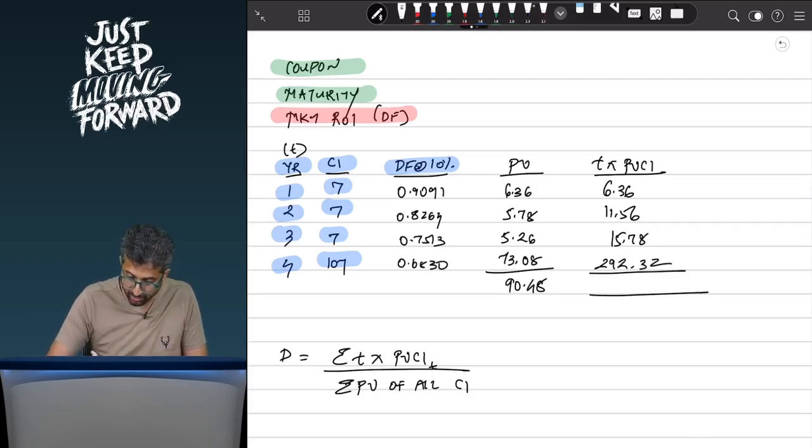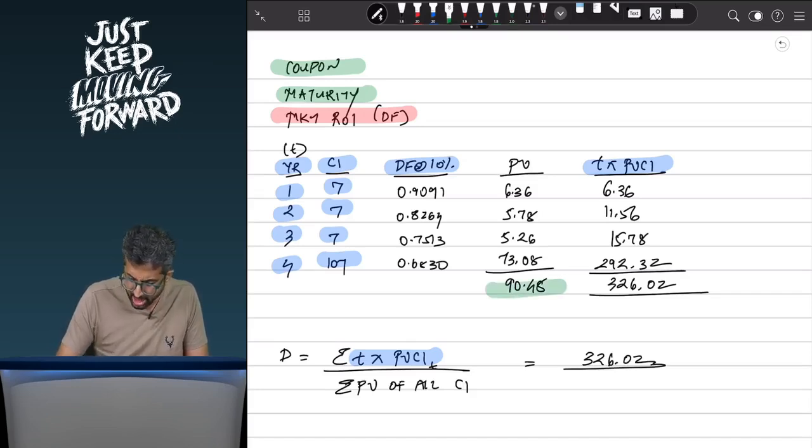If I total all of this, can I say what I've done is summation of T into PV of CI? All of this, summation T into PV of CI, comes to approximately 326.02. So in the numerator, I will say 326.02 divided by summation PV of all CI.